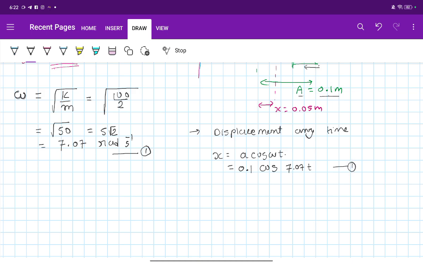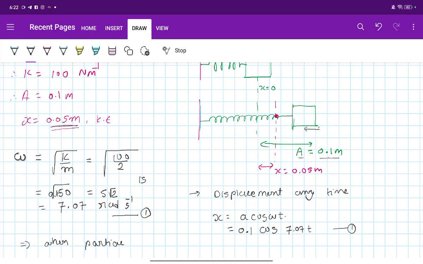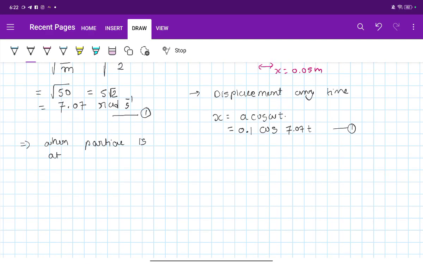Now when the particle is at this position, 0.05 meter, from this we can find out the time, right?